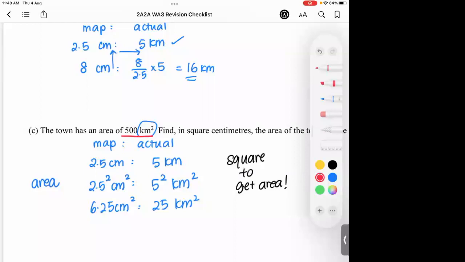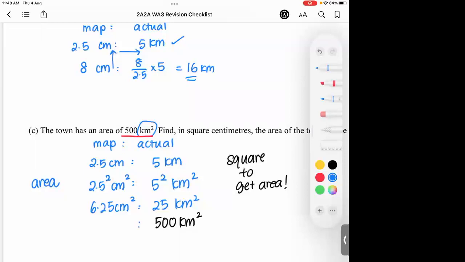No response. Then I call Jane. Or you can type your answers inside the chat group. This 500 kilometers square put under which one? Oh, Phyllis say put under actual, very good. So this one over here, we put it under actual 500 kilometers square, right?